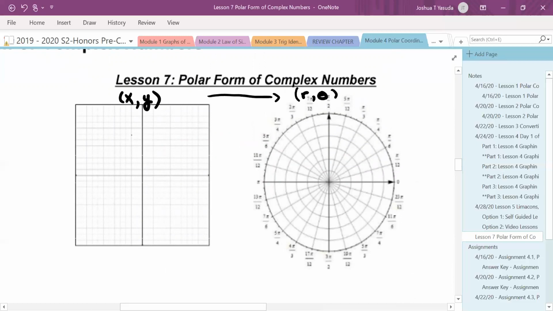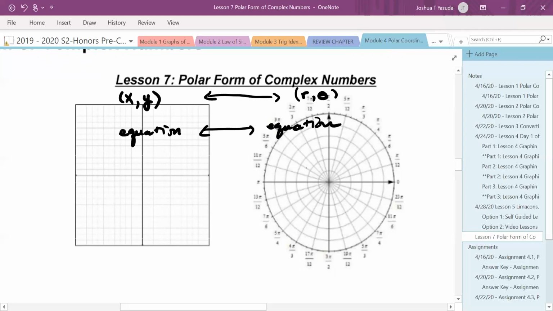Okay, we should feel comfortable taking an equation that's in rectangular and moving it into an equation that's in polar. And for these cases, you should be able to go back and forth.